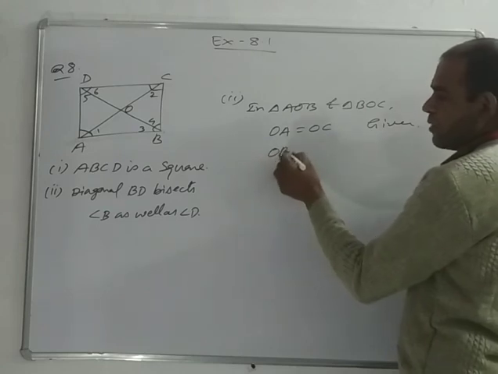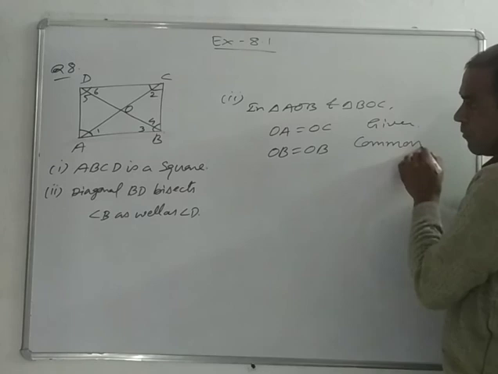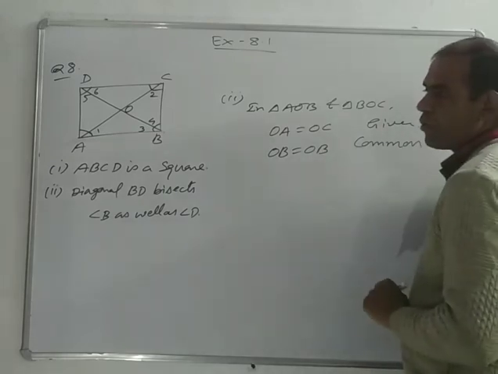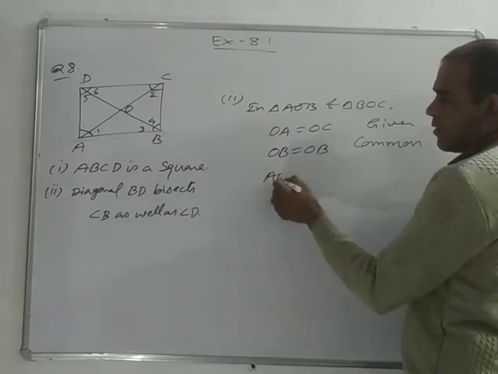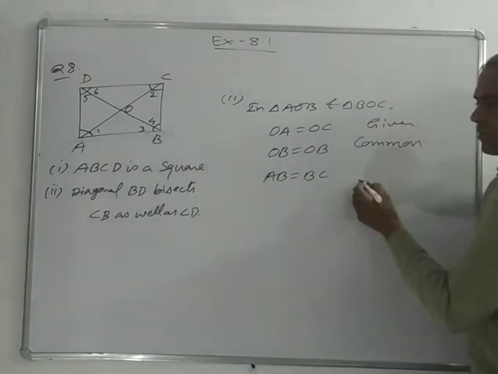OB equal to OB, common. And AB equal to BC, sides of a square.